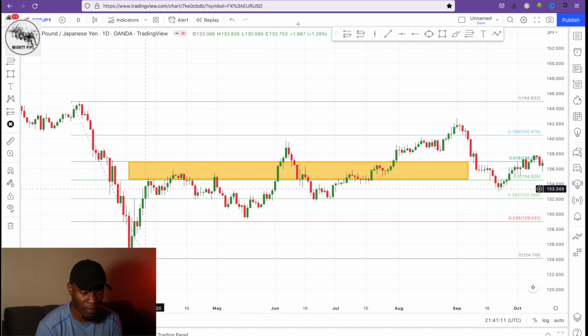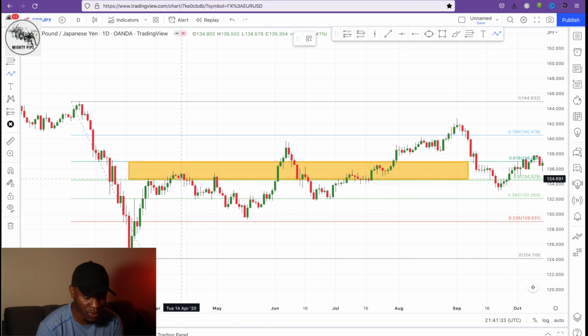Now look at what price did here. Price drove from here and went up to the 50% Fibonacci, rejected it, but did not give us confirmation to sell here. And you see, the market went back up. It did not give us an indication to sell still.